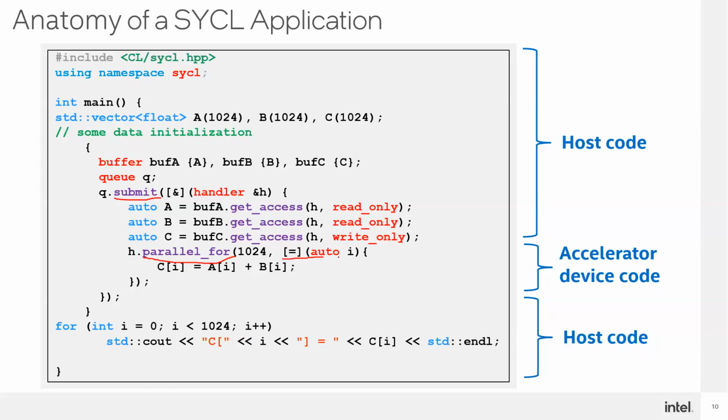It can be a lambda as shown here, or you can create this lambda outside of the invocation, or you can pass any function object here. So this is actually a device code, or a kernel, which will be executed on the target device.